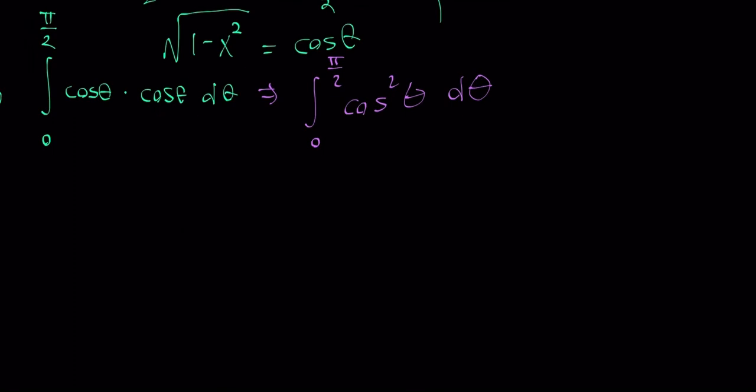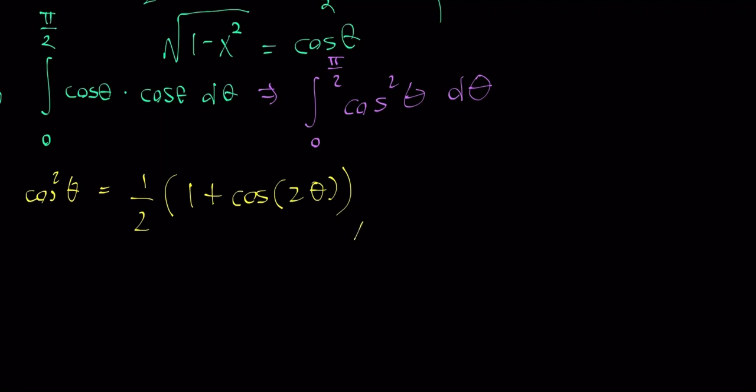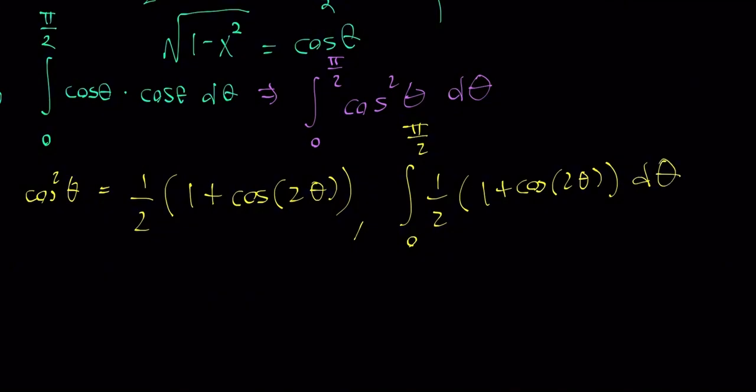We have to use the identity that cosine squared of theta is equal to 1/2 times 1 plus the cosine of 2 theta. So our integral is now the integral from 0 to pi over 2 of 1/2 times 1 plus cosine 2 theta d theta. We could put the 1/2 in front of the integral sign.